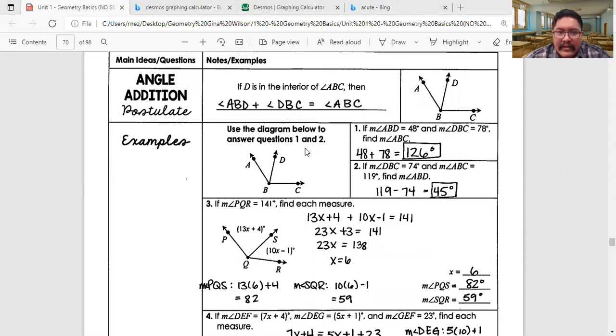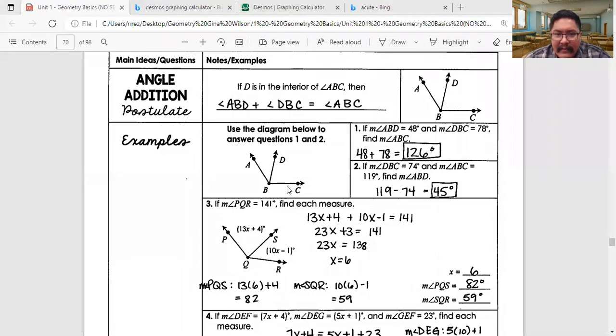So use the diagram below to answer questions 1 and 2. So here we have question 1. If the measure of angle ABD is 48 degrees and measure of angle DBC is 78 degrees, then find the measure of ABC.